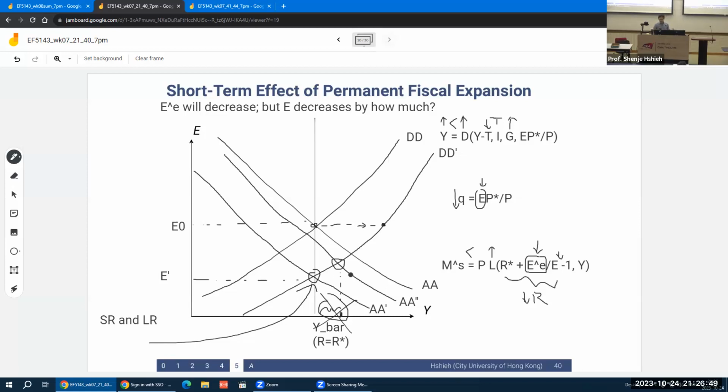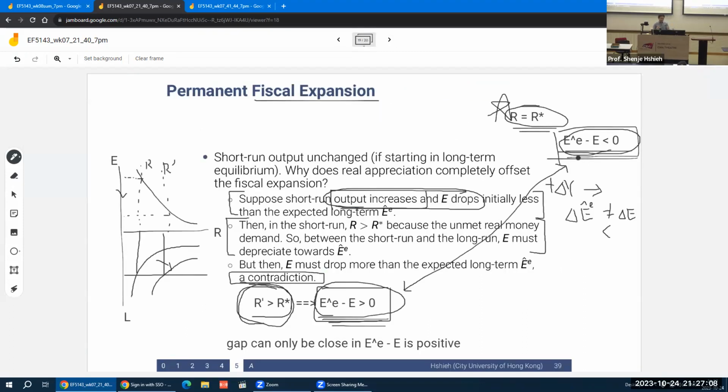And therefore, an output is only achieved if there is a gap between Y bar and something to the right of it. If that's true, then that means that E, the spot exchange rate, didn't decrease as much as the change in E hat E. And so we end up with a difference between E hat E and E that's going to be negative because E is still a larger number than E hat E after the change. Okay.